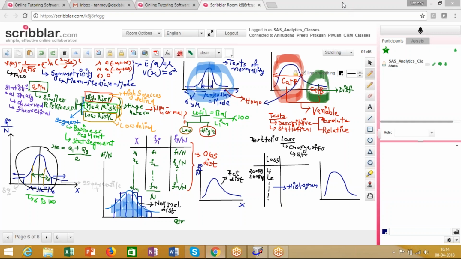Now what we need to do is develop a statistical measure or a statistical test. So how do we develop this statistical measure, or as we call it, statistical test? Okay. So over here, what we'll do is the following.